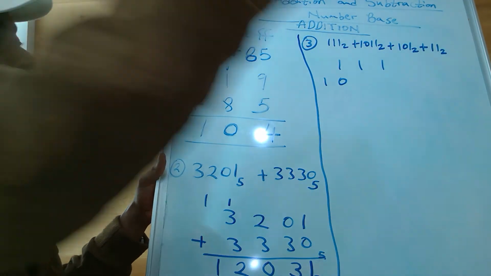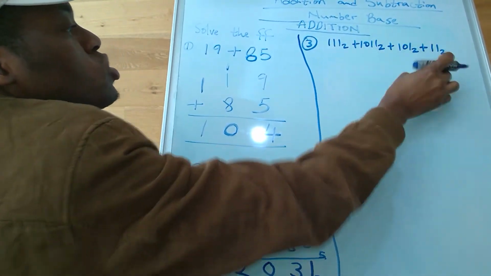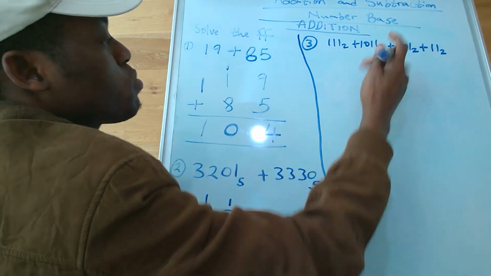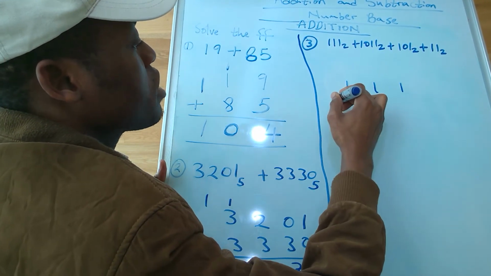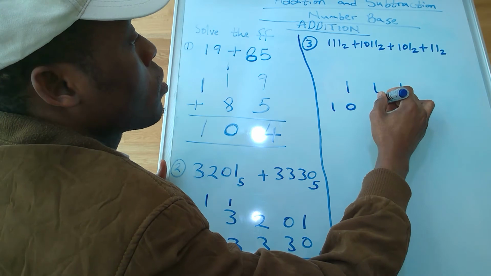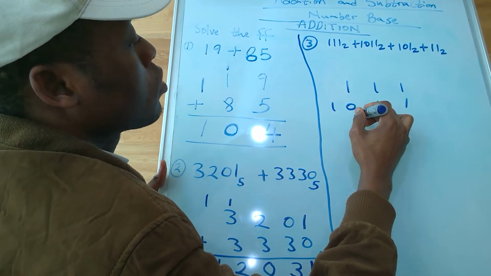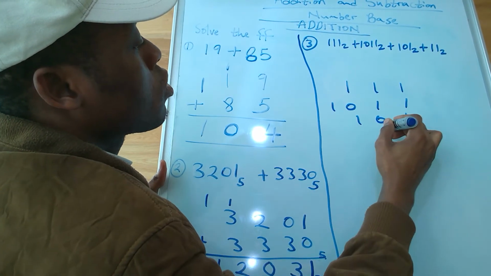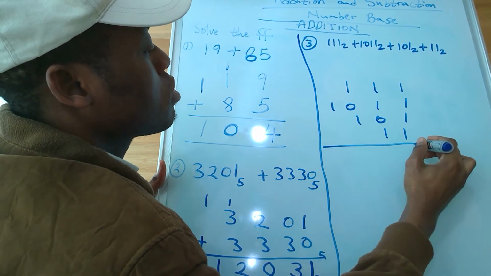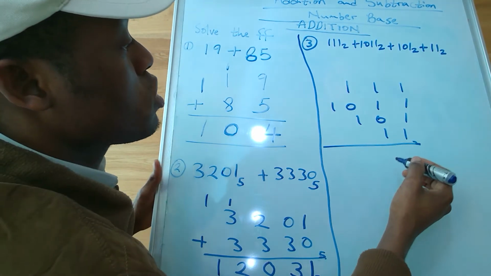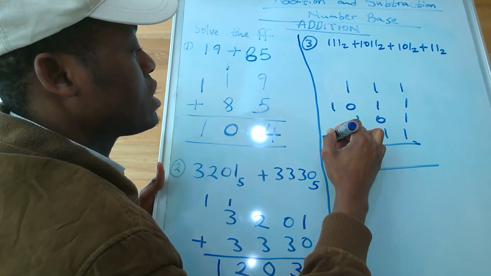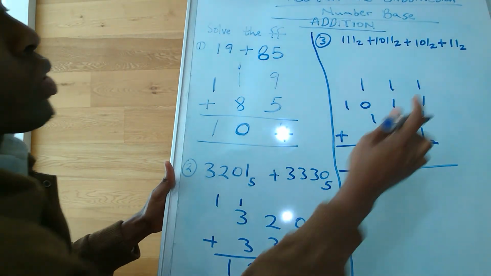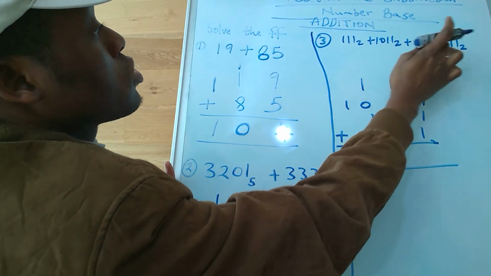Always try to let there be space at the top, so that in case a number is turning to 0, you can add the 1. Everything is in base 2. Now let's look at it, and we are doing what? We are adding.